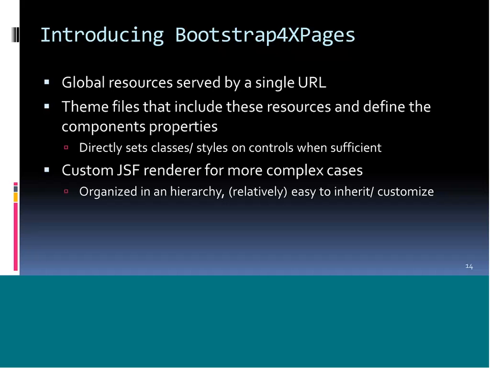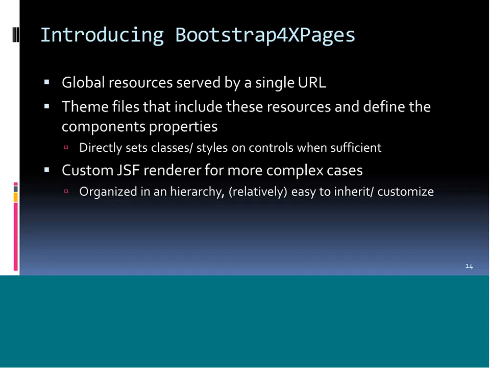Bootstrap4XPages comes with a set of theme files that include all the Bootstrap required resources and also defines the components' properties. In the demo I just showed you, I changed the theme from One UI to Bootstrap 3.1.1, and by just changing that, I'm telling the application to load up a different XPages theme file from the Bootstrap4XPages plugin, and that theme file contains everything you need to load Bootstrap.